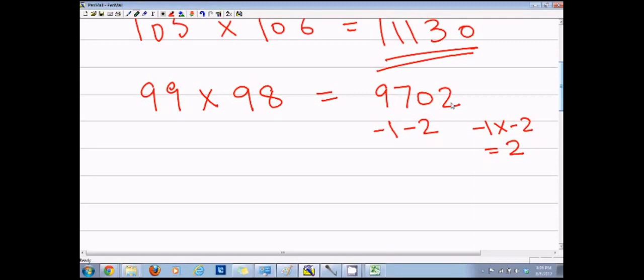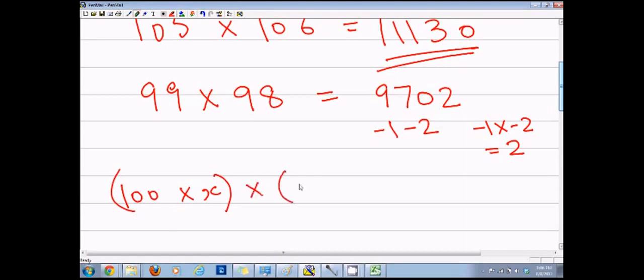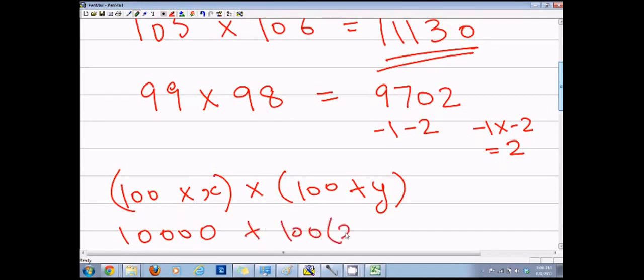So this is not a magic, there is a proof to it. So let's go to the proof. For example, if I have 100 plus x and I want to multiply by 100 plus y, so here we have 10,000 plus 100 x plus y plus xy.